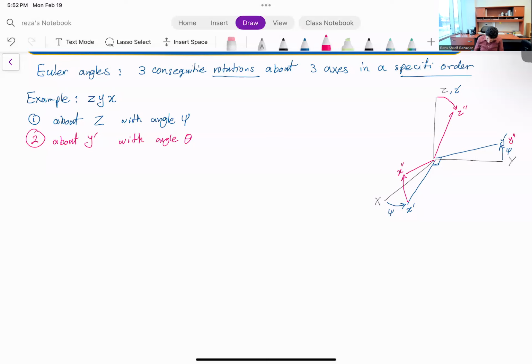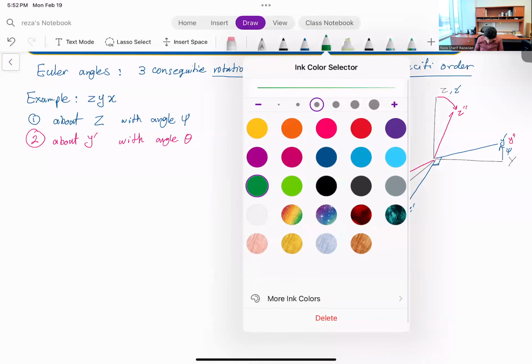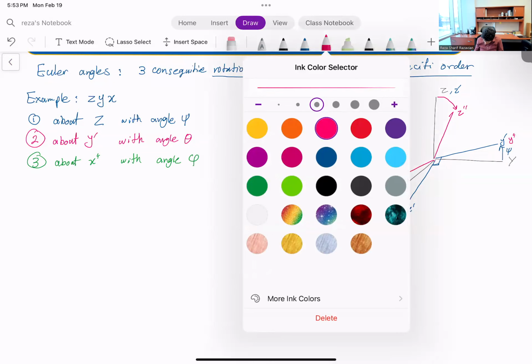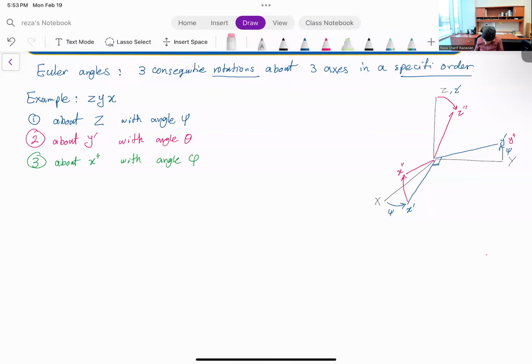And lastly, the last rotation. Oh, this is my favorite green. The third rotation is about this X double prime with angle phi. I forgot to annotate this: this is angle theta.